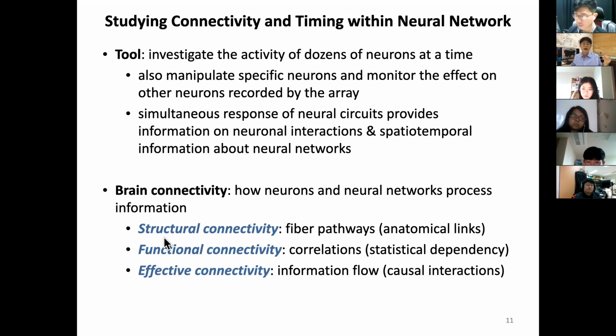And there is another kind of connectivity we talk about, which is functional connectivity. This is about statistical dependency between different brain regions, that is, correlation. Let me give you an example.